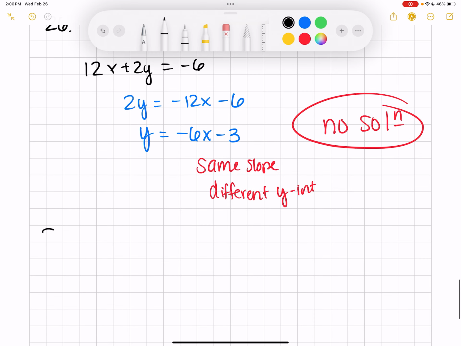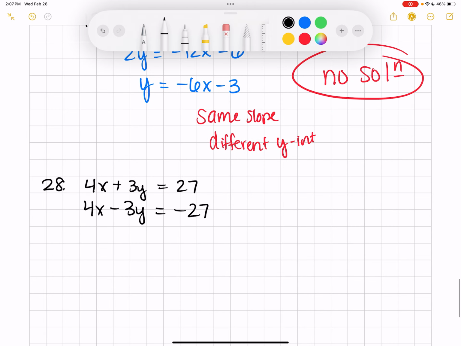All right, 28: 4x plus 3y equals 27, and 4x minus 3y equals negative 27. Do they look like they're the same thing? They might be the same numbers, but are they the same? One's negative, one's positive. All right, so we need to get y by itself.